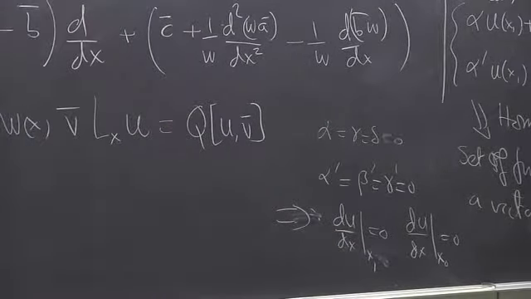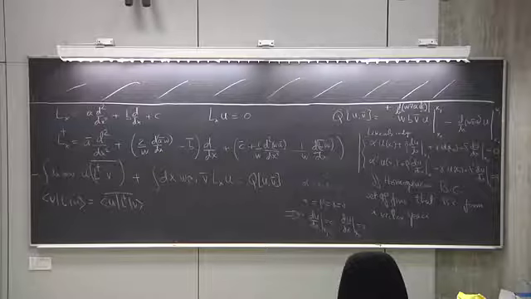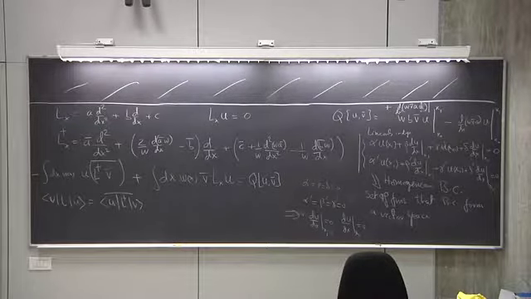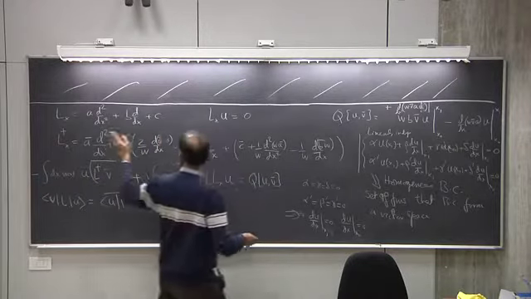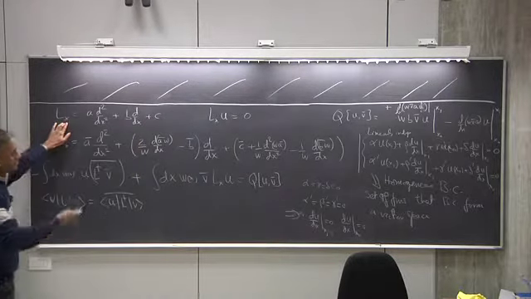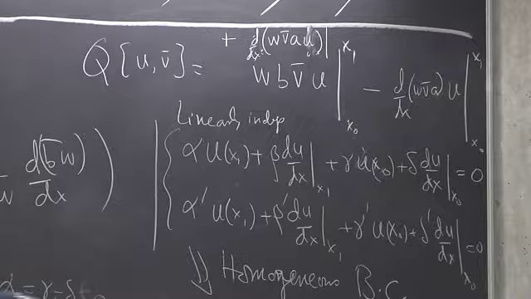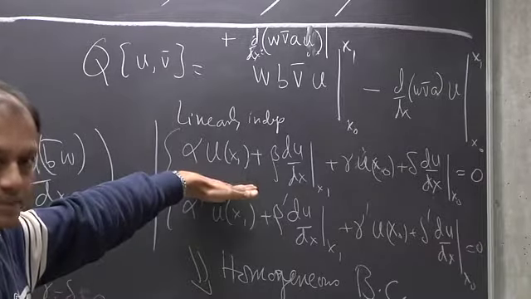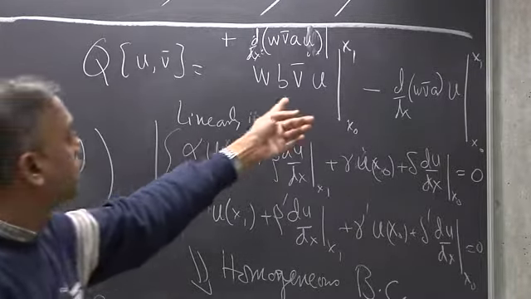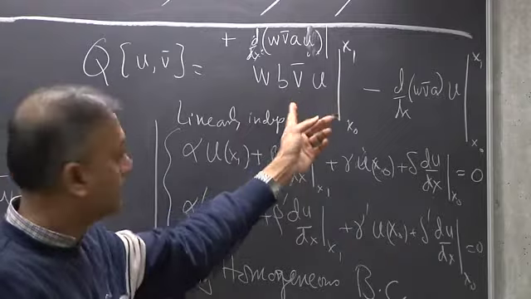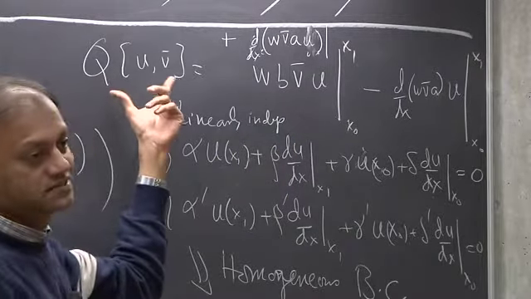Those boundary conditions are called adjoint boundary conditions. So L is going to act on the space of functions defined by these boundary conditions, whereas L dagger will act on the space of functions defined by the boundary conditions on the v, obtained by demanding that this vanishes.